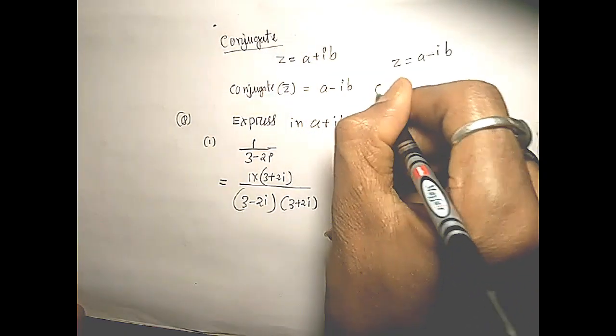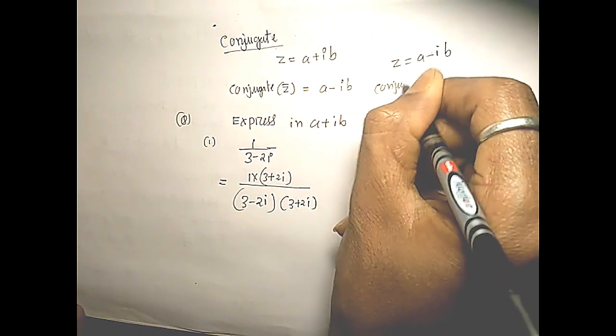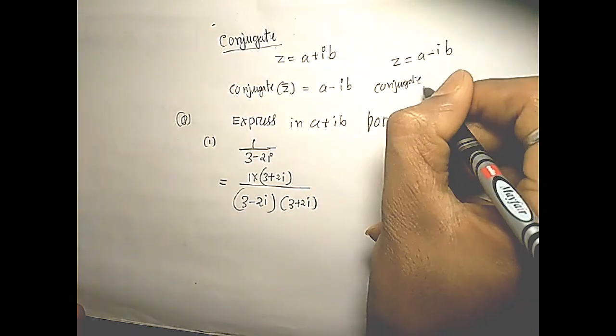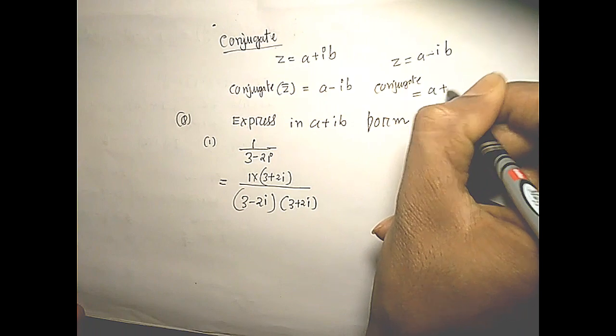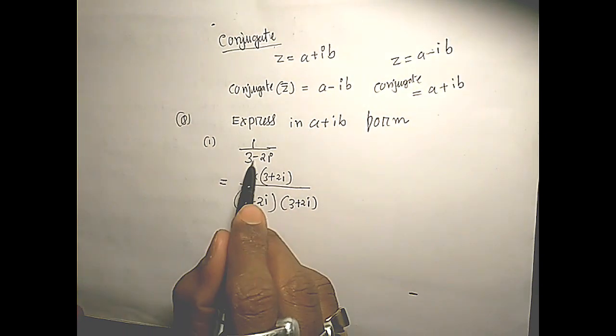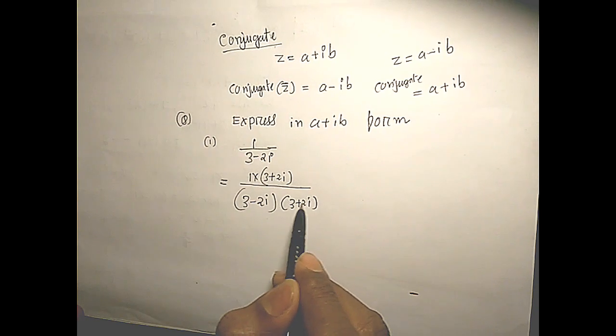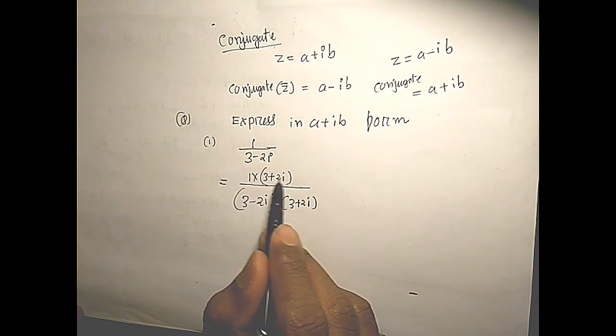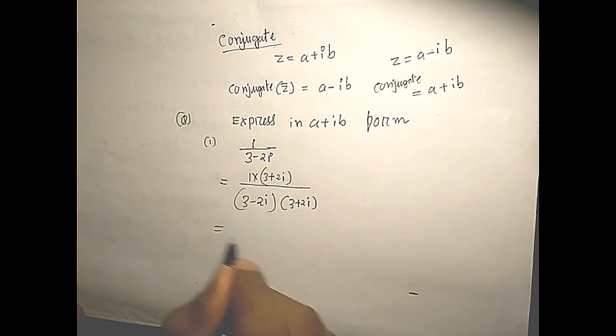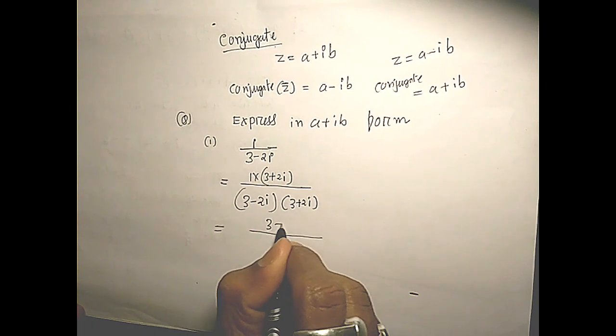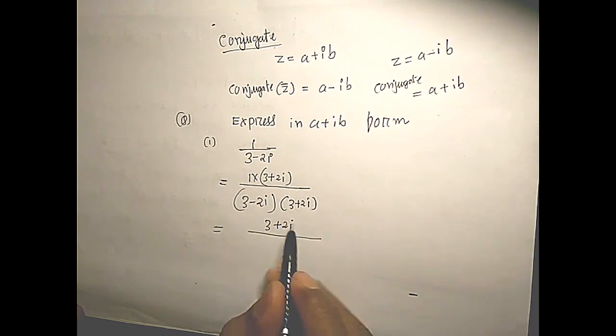If z equals a minus ib, then the conjugate is a plus ib. So we multiply by the conjugate in the denominator as well as in the numerator.